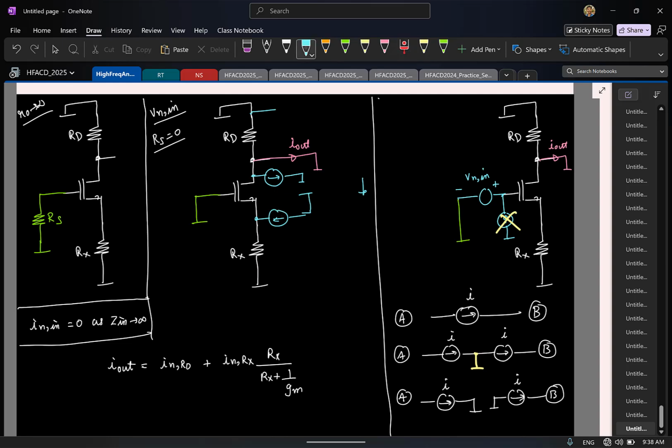Whatever happened for your resistor's noise current will happen with this current source. We can use superposition. Let's say I find only the contribution of the first current source. I'll not ignore this; I'll ignore this. So whatever happened for this will happen for this. So how much of this noise current will flow through the output? Can you tell me the correct polarity? Minus INM.